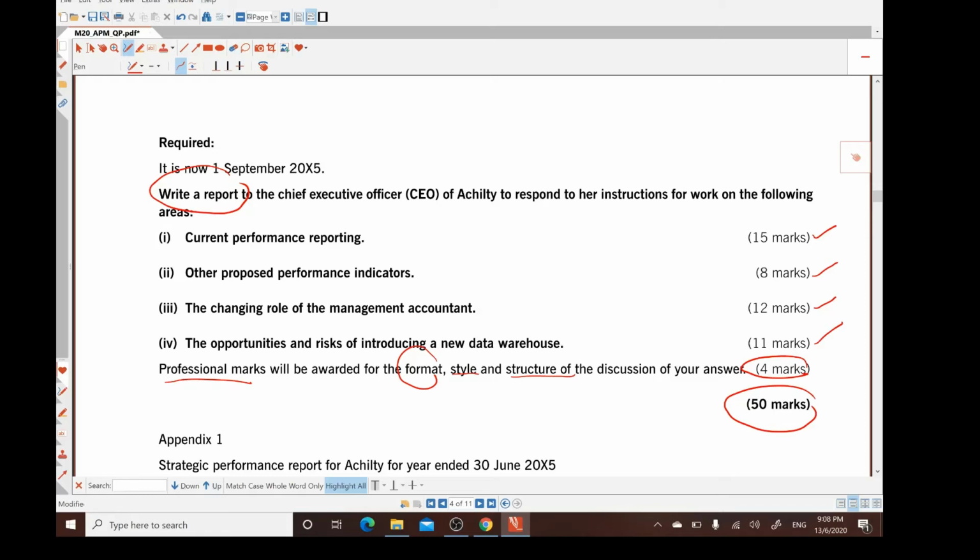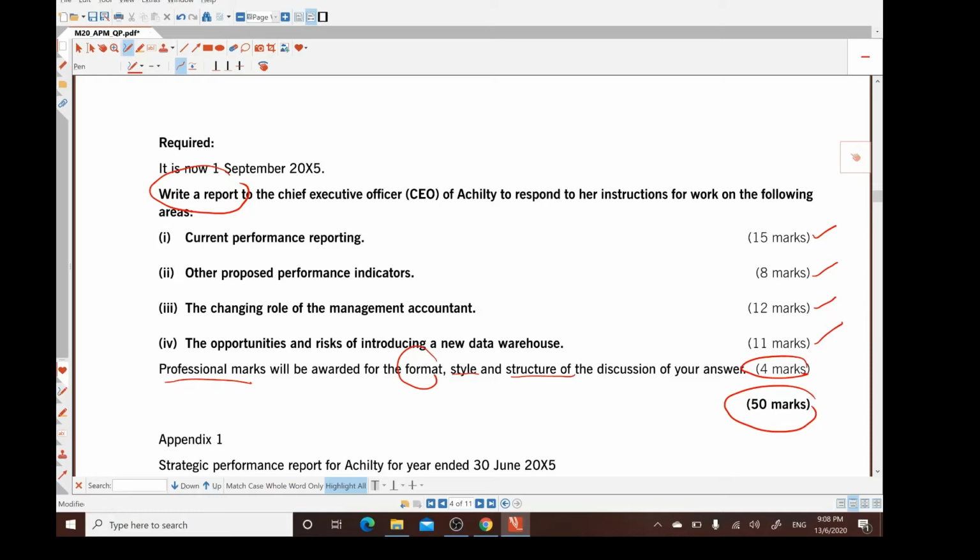Now, class, from the first part to the fourth part, most of the time we expect there will be higher mark allocation to the theoretical aspect, but not so much on the computational area. The computational area is more relevant for the management accounting paper or the performance management paper, but not so much for APM.